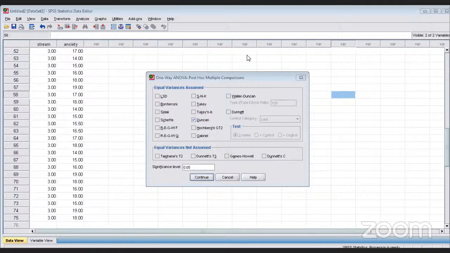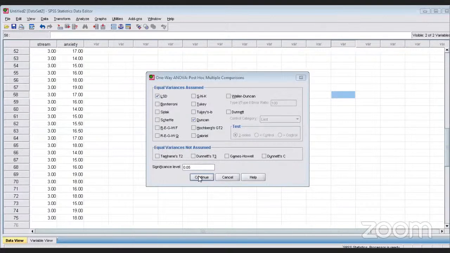You can use Tukey's or another one also, no problem. If you want LSD, you can have LSD. Do not worry, you can have anyone you like. So I'm having LSD and Duncan's, and I say continue. The significance is already 0.05, so I'm not changing.